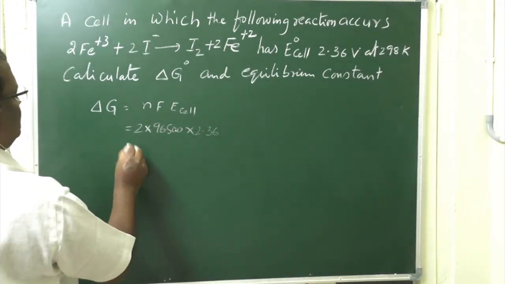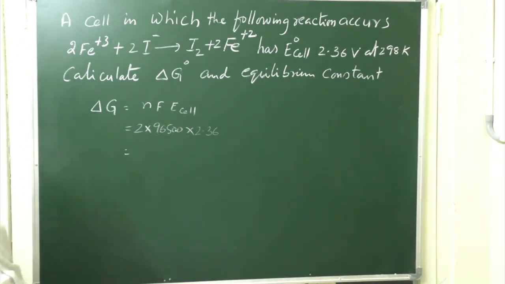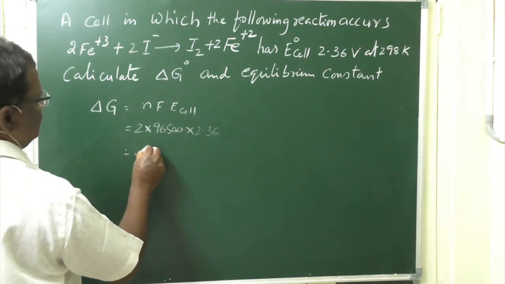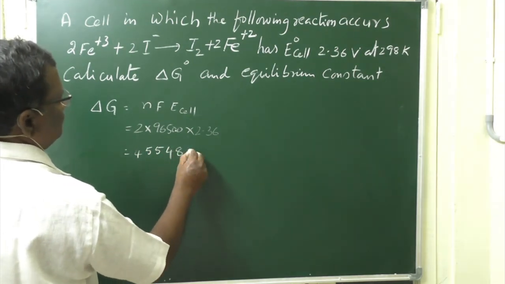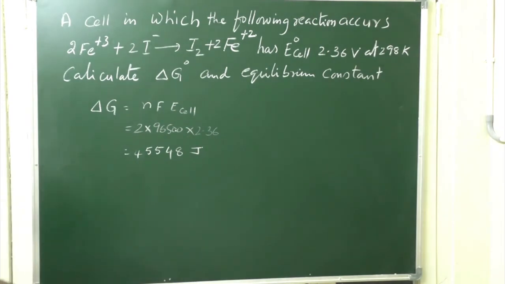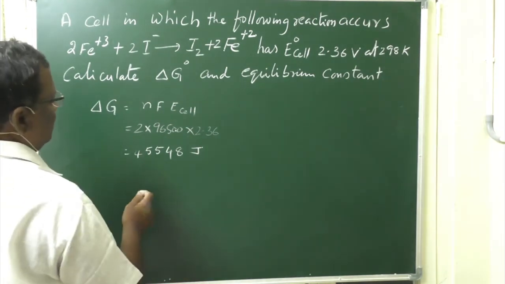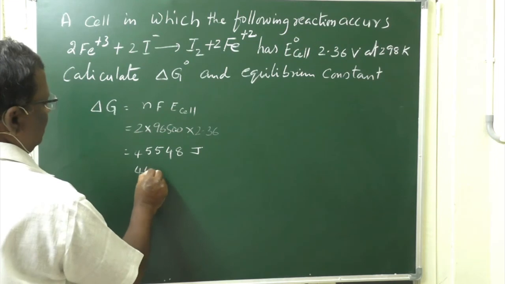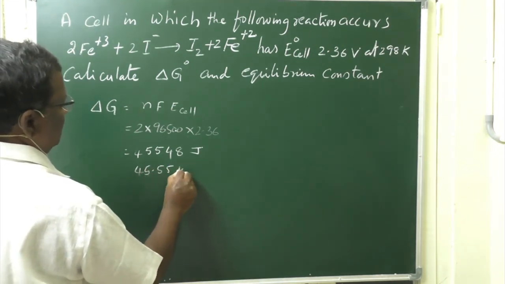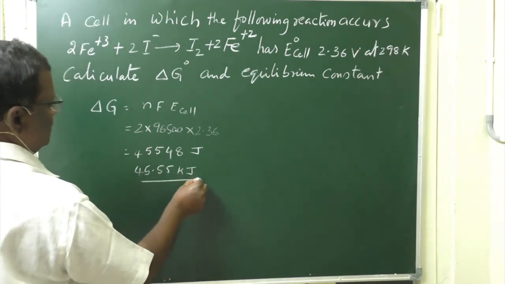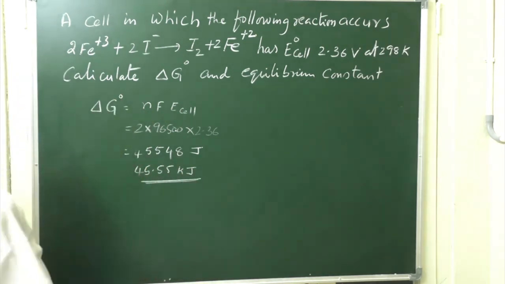Now on simplifying this, you will get 455,480 joules. If you convert into kilojoules, it will be 455.48 kilojoules. This is the Gibbs free energy change at standard conditions.